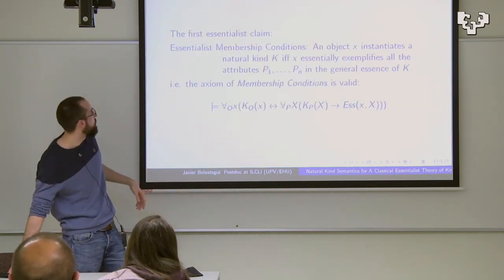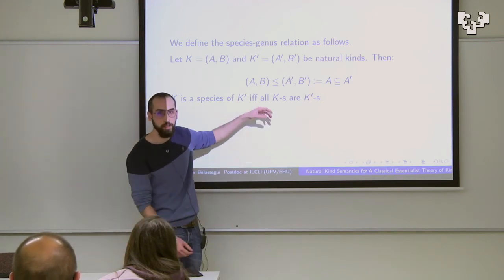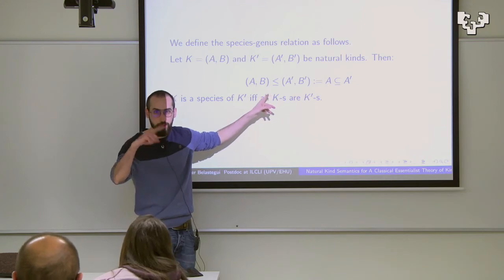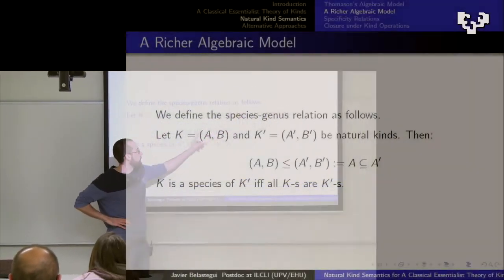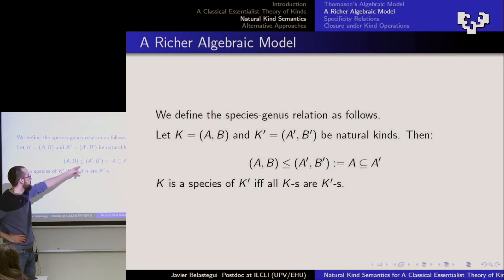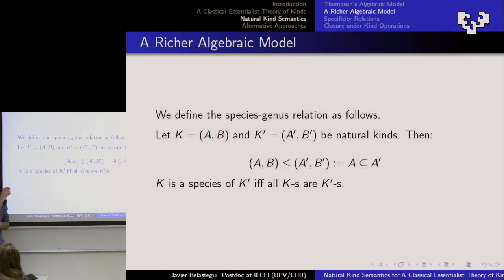And the reason is that if you define this species order relation between two kinds as inclusion, this can be shown to be a partial order. So it is antisymmetric. This means that if this is related to this and this is related to this, then they are identical. And these are pairs of sets, right?